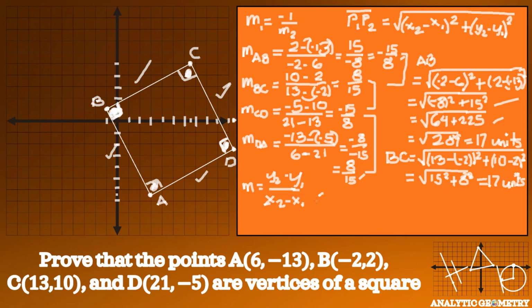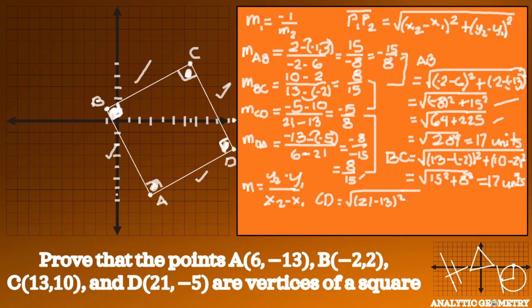You will have the next one, CD, is equal to the square root of, let's have it here for the last space for our DA. So D is our second point. You will have 21, that's your x sub 2, minus your x sub 1, which is 13.